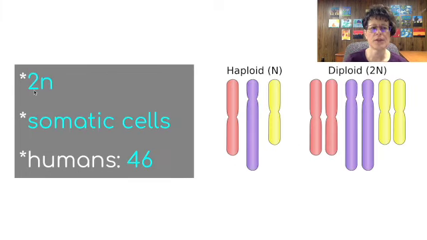The notation for that is 2N. This is in our somatic cells. Somatic cells are all the cells in our body except for our reproductive cells. And in humans, the diploid number is 46 because we have 23 pairs of chromosomes. That adds up to 46. So that is diploid when they're in pairs.